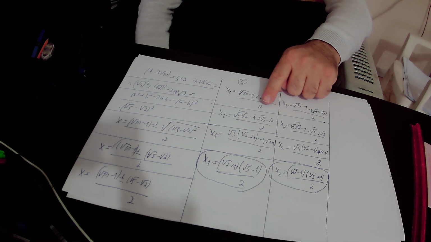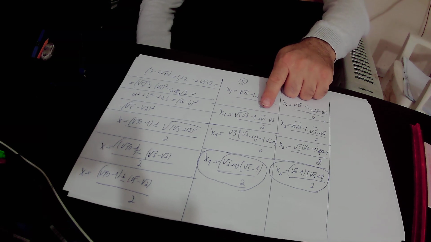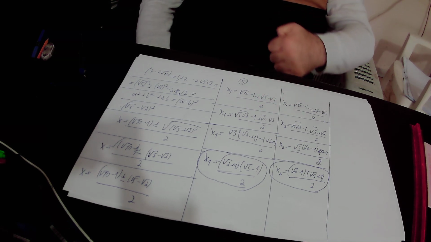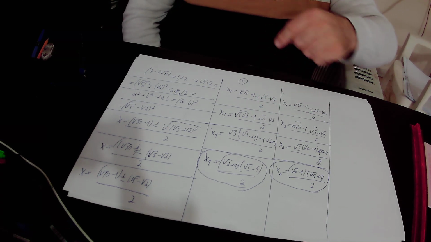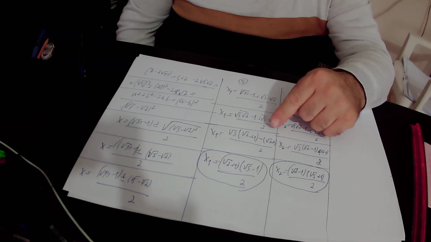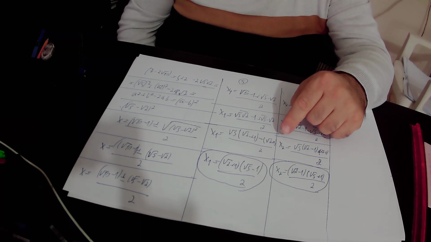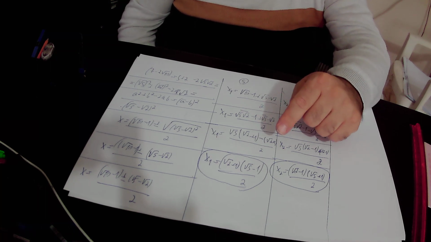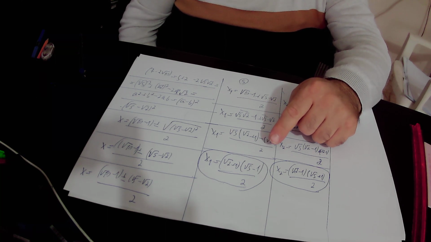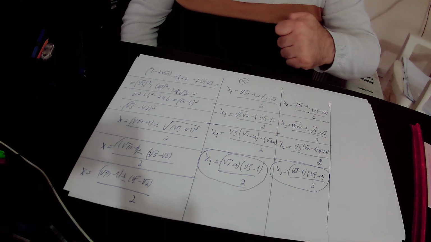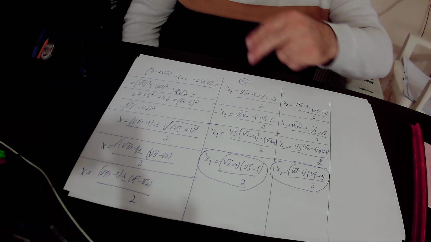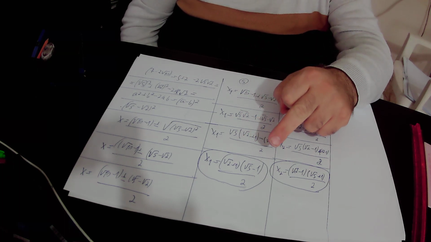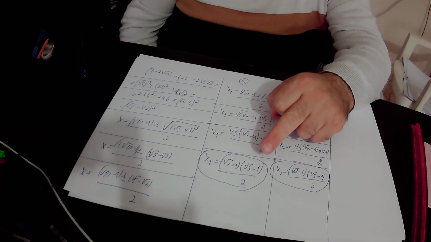Then we took square root of 5 as a common factor out of this expression, and we got that x1 equals square root of 5, and inside the brackets we have square root of 2 plus 1 minus square root of 2 plus 1. Then we took square root of 2 plus 1 as a common factor, and inside the brackets we have square root of 5 minus 1. So in conclusion, we found out that x1 equals (square root of 2 plus 1) times (square root of 5 minus 1), over 2.